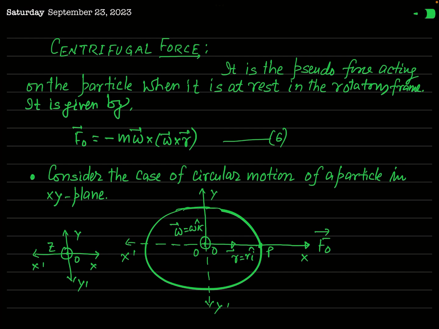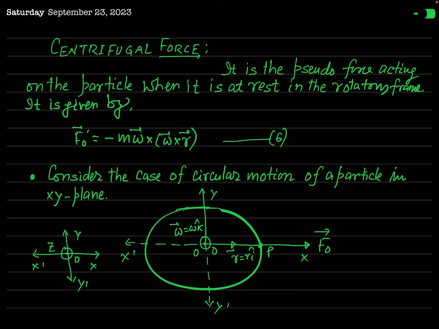Now there is another fictitious force which we have to take into account acting on the particle while discussing its motion in a non-inertial rotatory frame, called centrifugal force. And how is this centrifugal force defined?